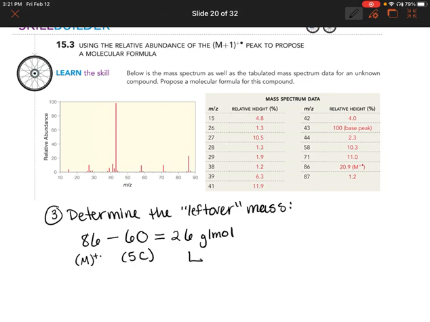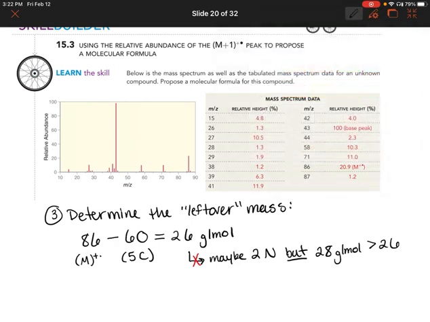We'll write here maybe 2 nitrogens are in the molecule. But how much do 2 nitrogens weigh? One nitrogen has a mass of 14, so 2 nitrogens would have a mass of 28 grams per mole. And that's greater than 26, which is our leftover mass. So we do not have any nitrogens in our compound, so we'll rule out nitrogen.